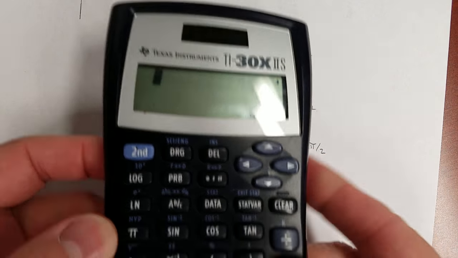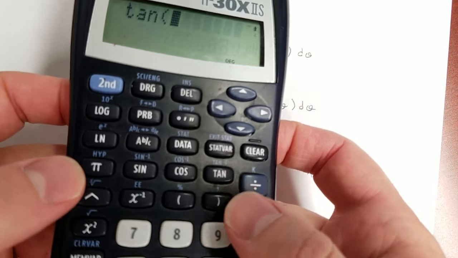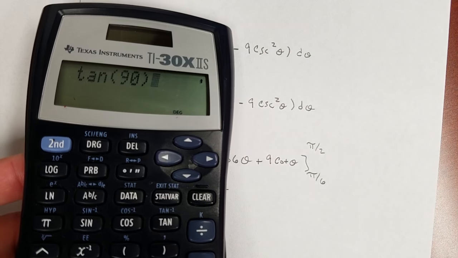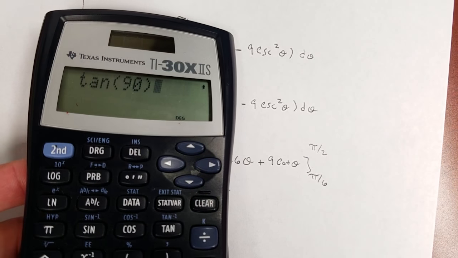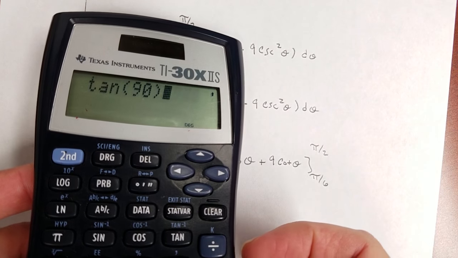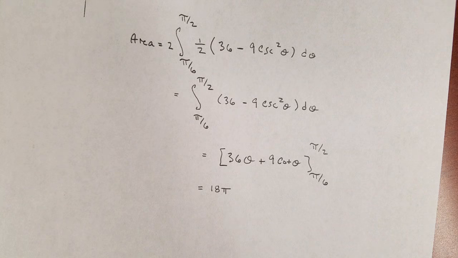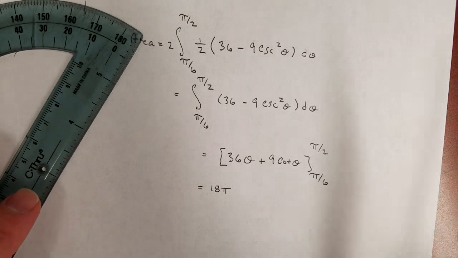So I put my calculator in degrees and do tangent 90, then take 1 over that answer, and it says there's no answer. Obviously that identity doesn't work if there's no answer for tangent.